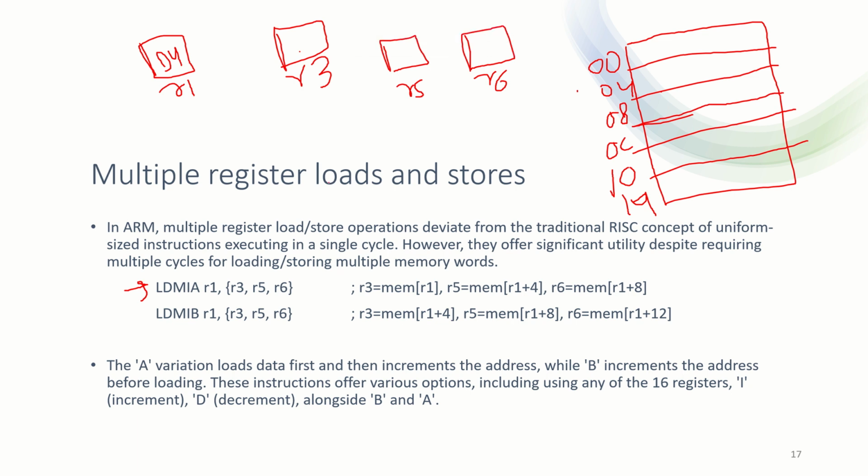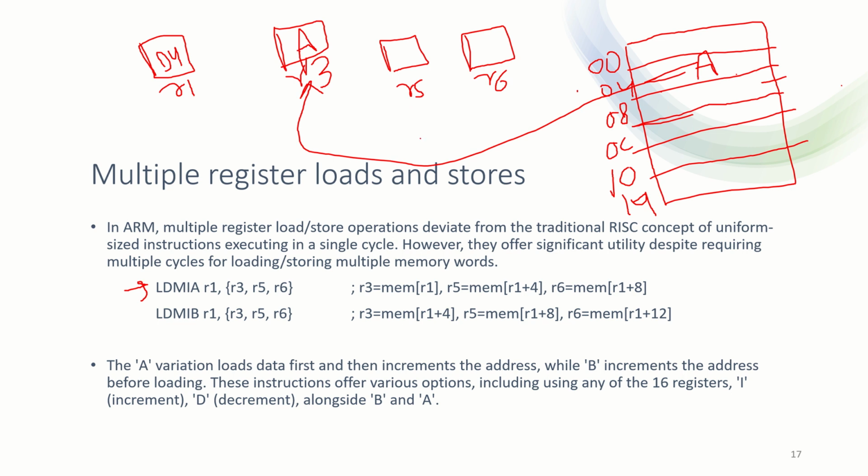R3 is loaded with the value in the memory at location R1. R1 means 04. So in 04 here, suppose A is stored, so A is going to be loaded into R3. So R3 will have A. Then R5 will be loaded with the next consecutive location.